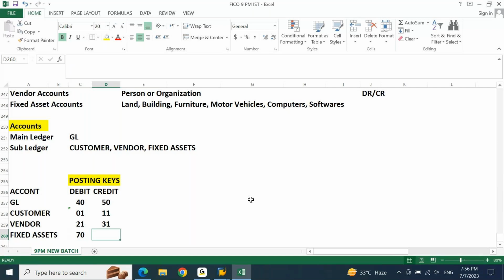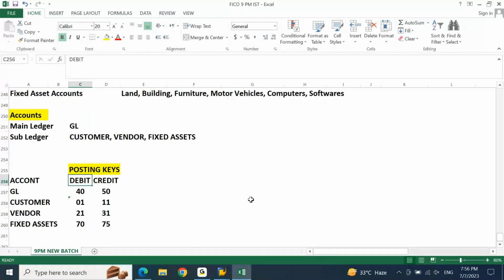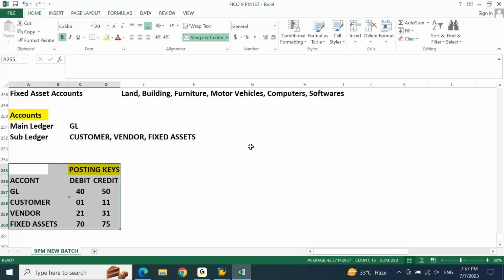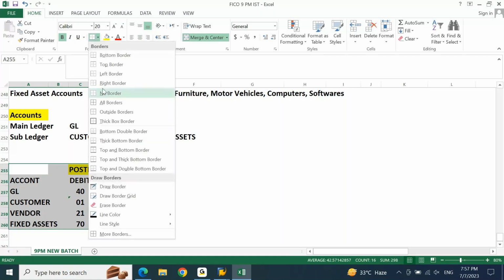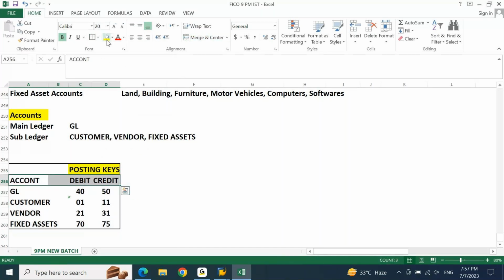Now, these are the standard posting keys that we will be using in SAP to debit and credit a particular account type. In general, these are the standard posting keys that you are going to use. If I put them in a particular table, next thing what I will write here, I'll put something else.